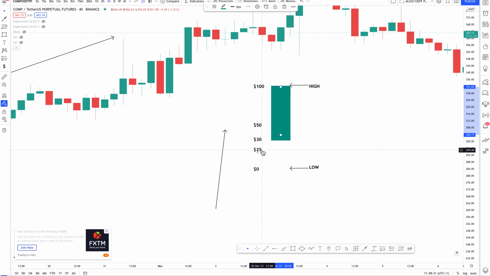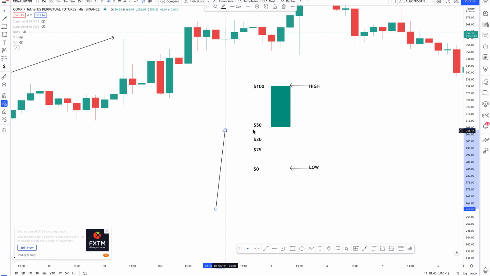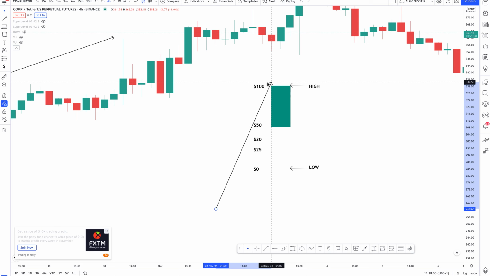Okay, so let's say price opened here at $50 and then got to $100.